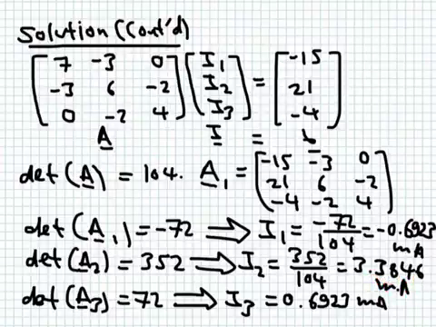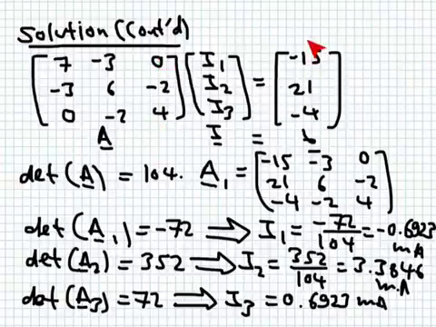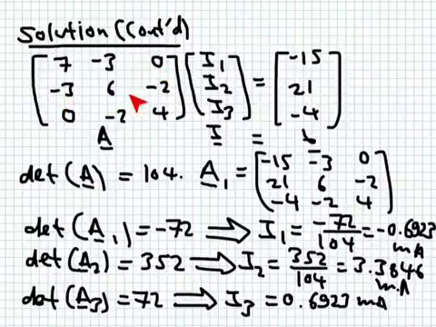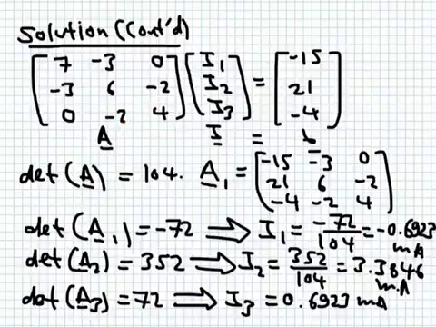And then for the last one, we build a matrix called A3. It is identical to this matrix, except that we get rid of the third column and replace it by this vector. So it's going to be 7, minus 3, minus 15, minus 3, 6, 21, 0, minus 2, and minus 4. Then we get the determinant of this matrix A3, it is equal to 72, and you get again the value of I3. So now we have solved for all loop currents.